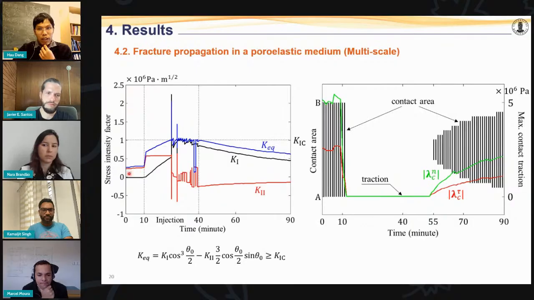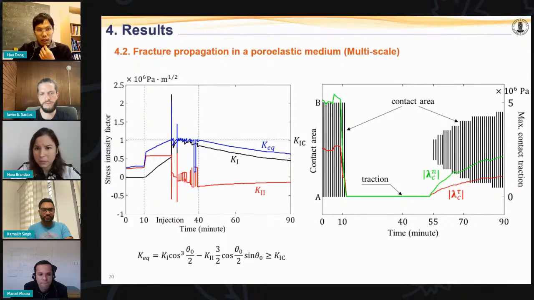So before the injection, the stress at the fracture tip is almost constant because of momentum and mass conservation. When injection starts, the normal contact traction, the green one here, suddenly drops. This makes the fracture slip.